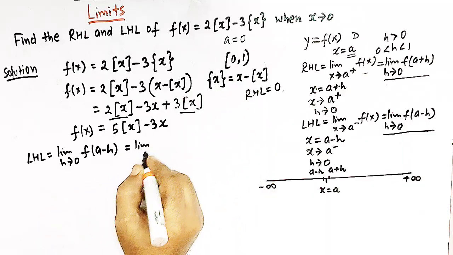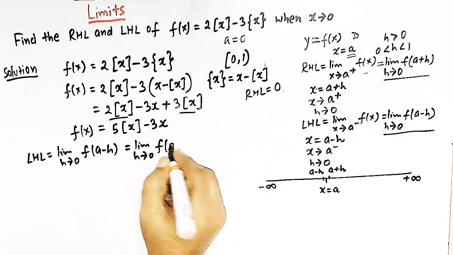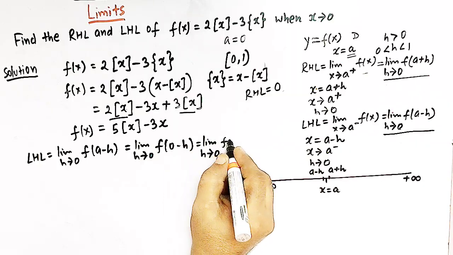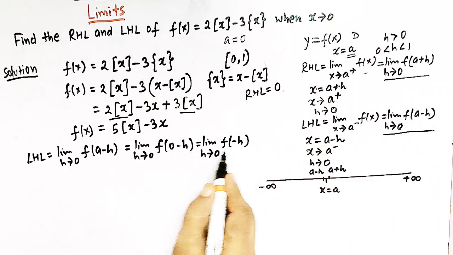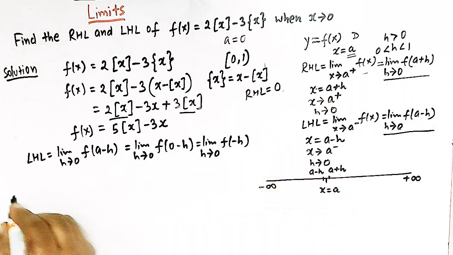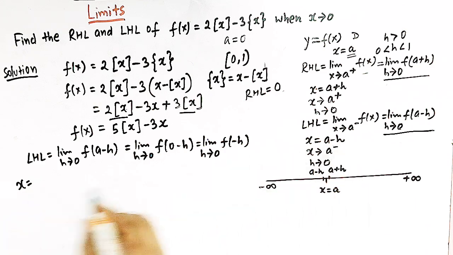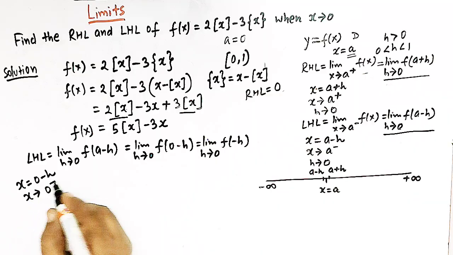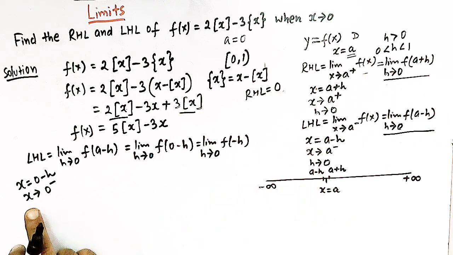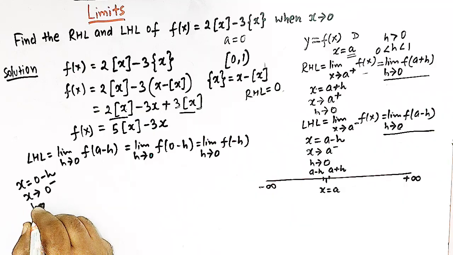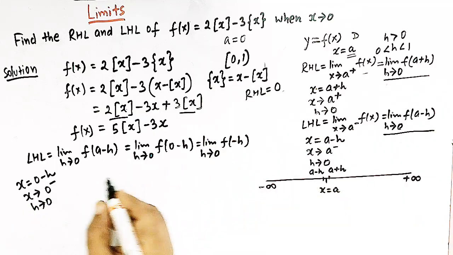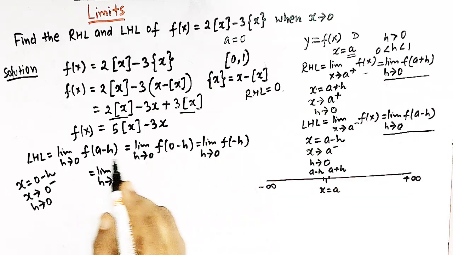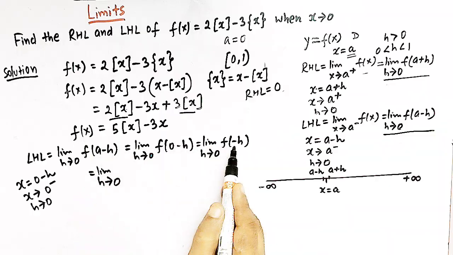So we can write limit h tends to 0, f of 0 minus h, that is f of minus h, where x is equal to 0 minus h. When x approaches 0 from the left, then h tends to 0. So f of minus h is obtained by replacing x by minus h.